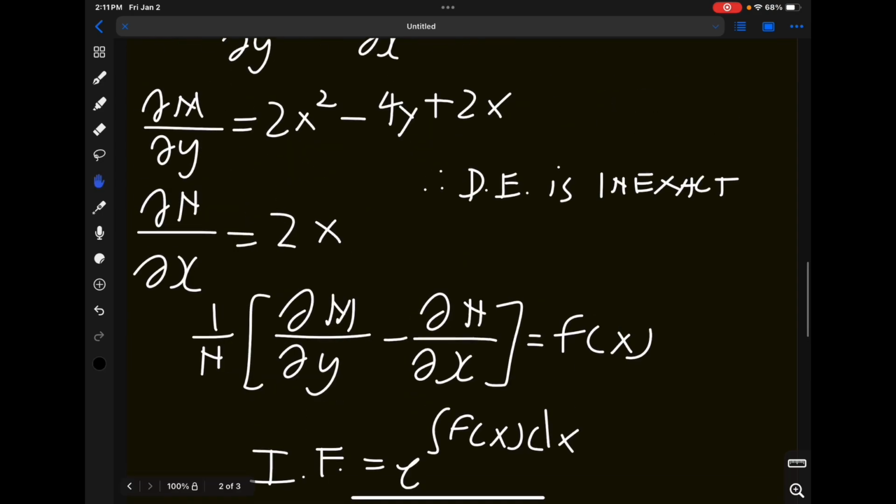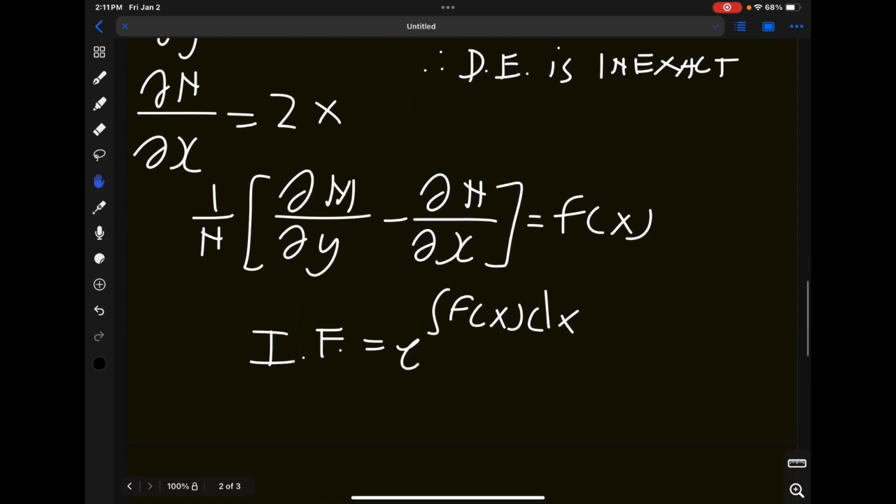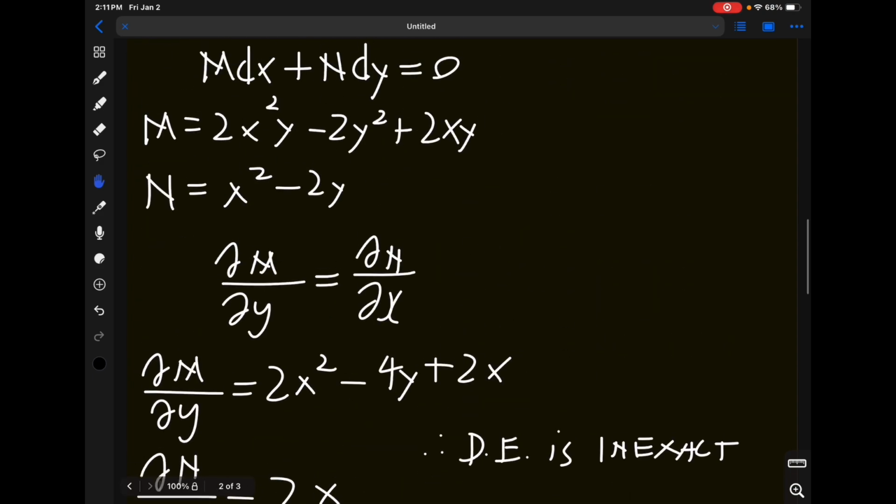Let me simply copy the N and the partial derivative of M and the partial derivative of N. So our N is x squared minus 2y.